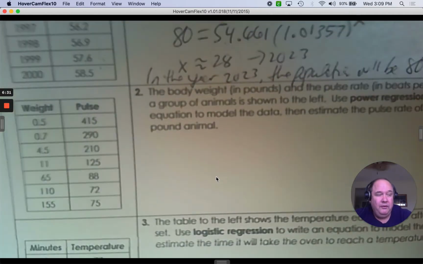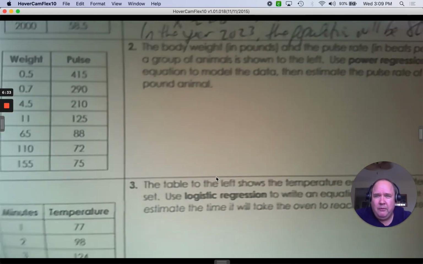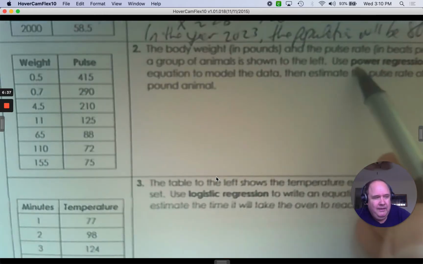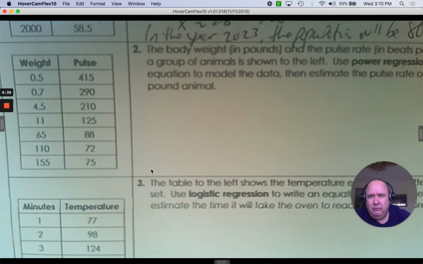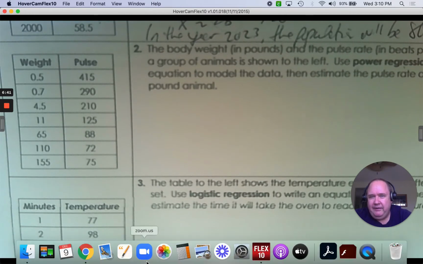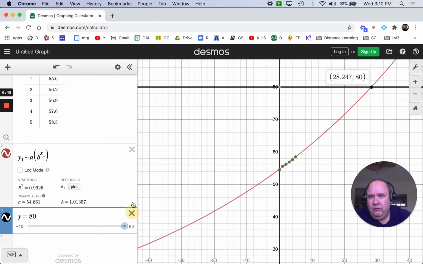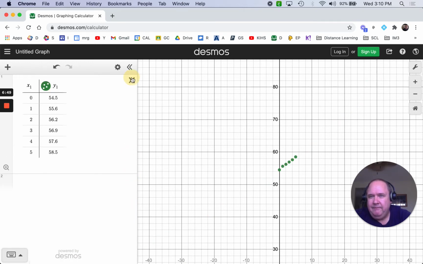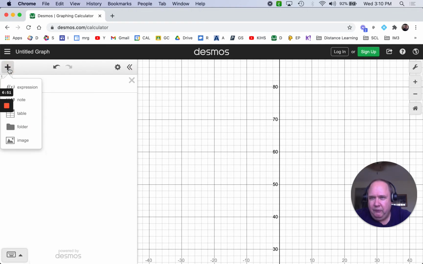So in the first questions, they tell you what type of regression to use. And the last two, we have to figure out which one is the best one. All right, the next one's called a power regression. But you see our table of values. Step 1 is to put that into Desmos. So let's practice again. So I'm going to clear this, and then I'm going to click plus, and then the table again. So plus and table.